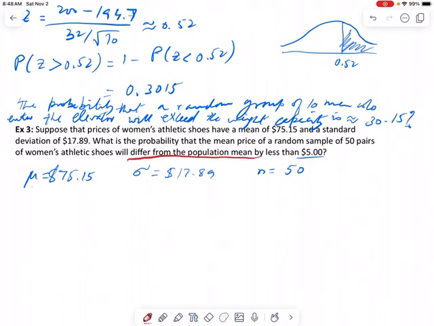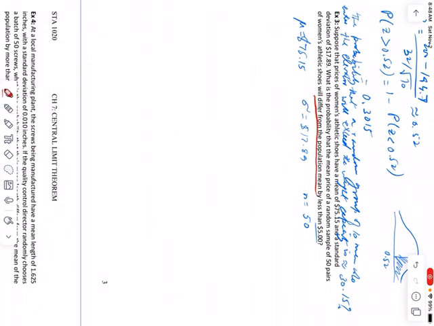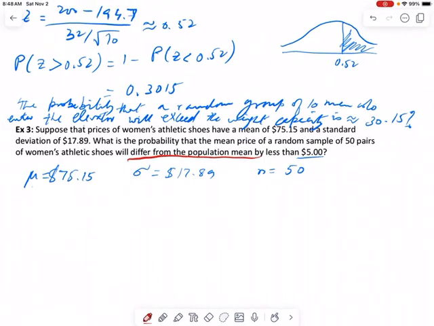Okay, so by less than, there are two options here, less than or greater than or more than. So there are two types of questions you can get: differ from the population mean by less than, or differ from the population mean by more than. We start the same way and only the difference between these two problems will be which area we select. But the calculation of z will be the same.